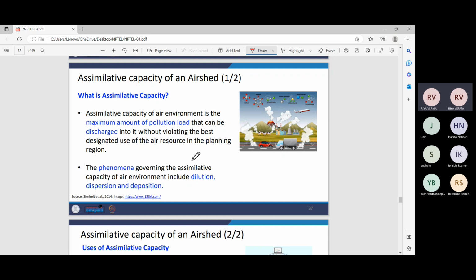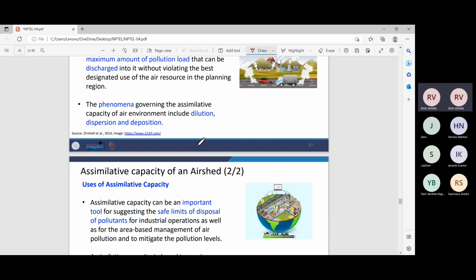And what are the uses of this assimilative capacity? Basically, it is an important tool for suggesting the safe limits of disposal of pollutants.